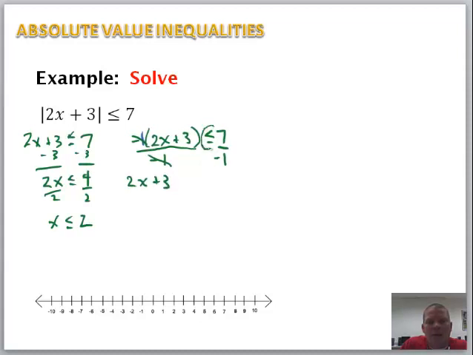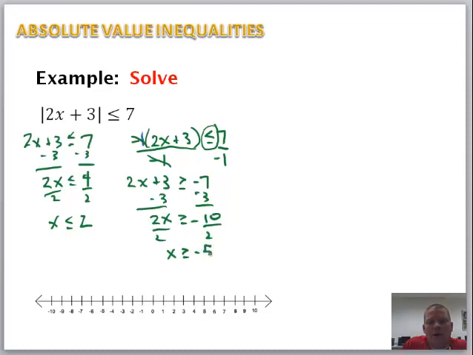And now, since I divided by a negative, my inequality is going to flip to greater than or equal to, and I have negative 7. Then we'll solve this one just like we did the last one. I get negative 10 this time. And when I divide by 2, I get x is greater than or equal to negative 5.